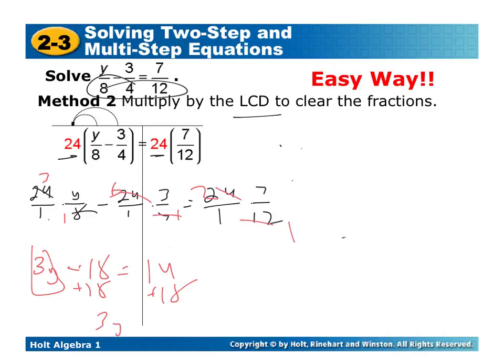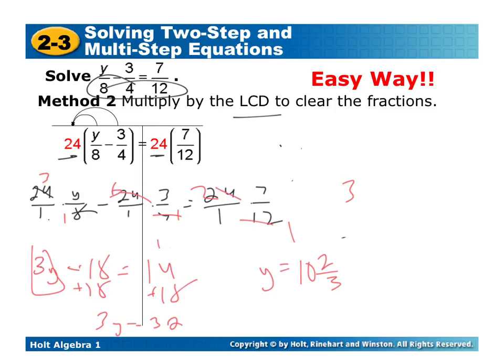So now I have 3y equals 14 plus 18, so when we do 18 plus 14, we get 32 equals 3y. So we're going to divide by 3, which is going to be 10 2/3.